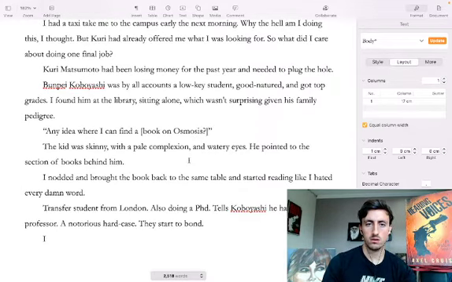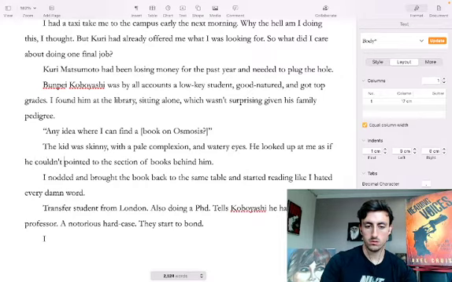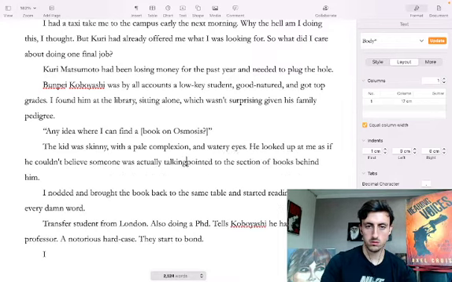Kid was skinny, with a pale complexion and watery eyes. He looked up at me as if he couldn't believe someone was actually talking to him. Something like that.